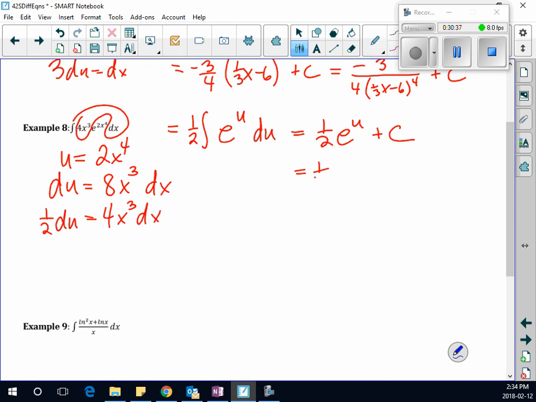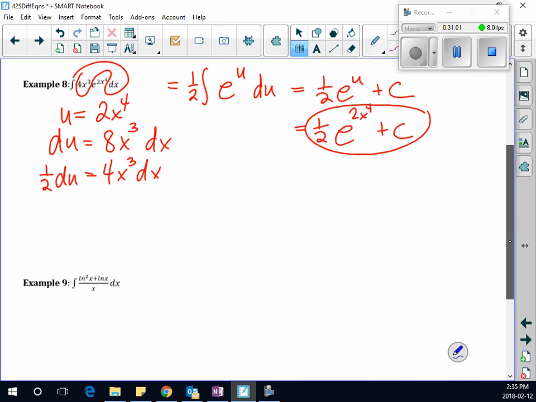So this is 1/2 e to the power 2x to the power 4 plus c. You see, the 4x cubed dx gets replaced with the 1/2 du.